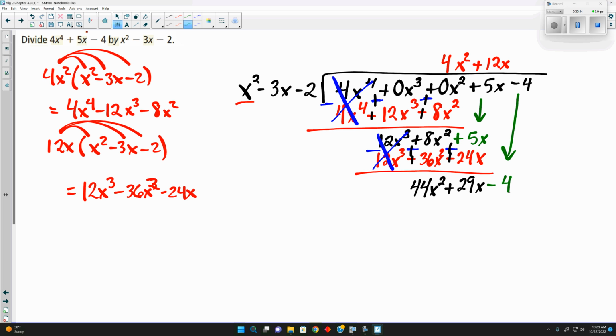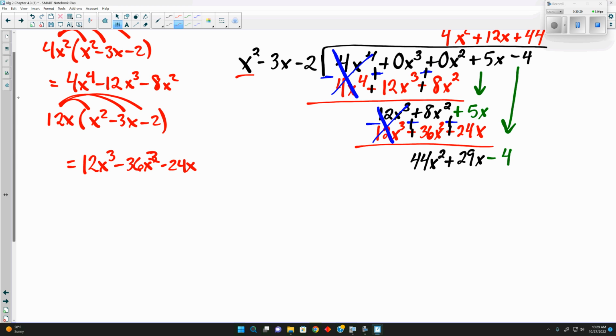So what times x squared gives us 44x squared? Well, positive 44. Yes? And we'll do it again. 44 times x squared minus 3x minus 2. 44 times x squared is just 44x squared. 44 times -3x.